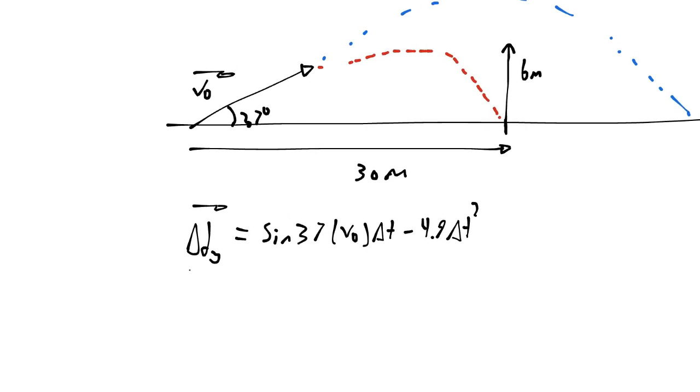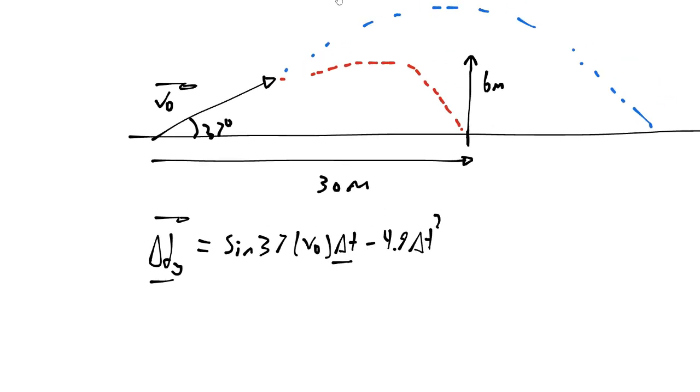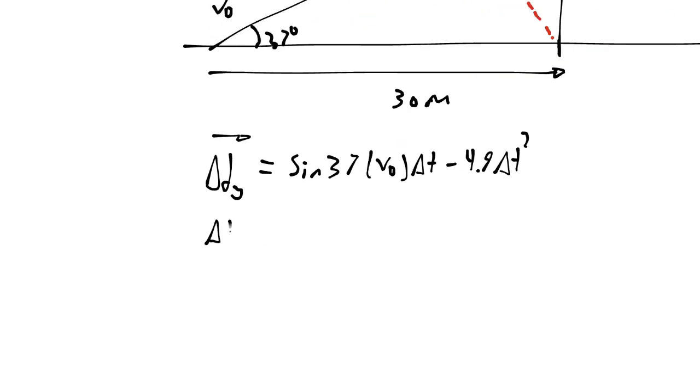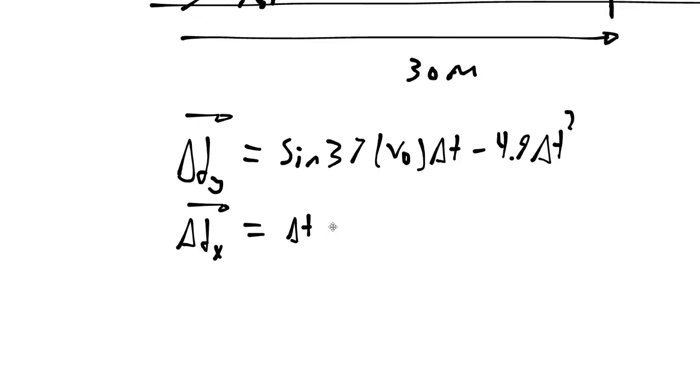Now there are two unknowns: delta dy and delta t. So you're going to use another equation here, delta dx, to solve for delta t. Delta dx equals delta t multiplied by cos 37 degrees times v naught.